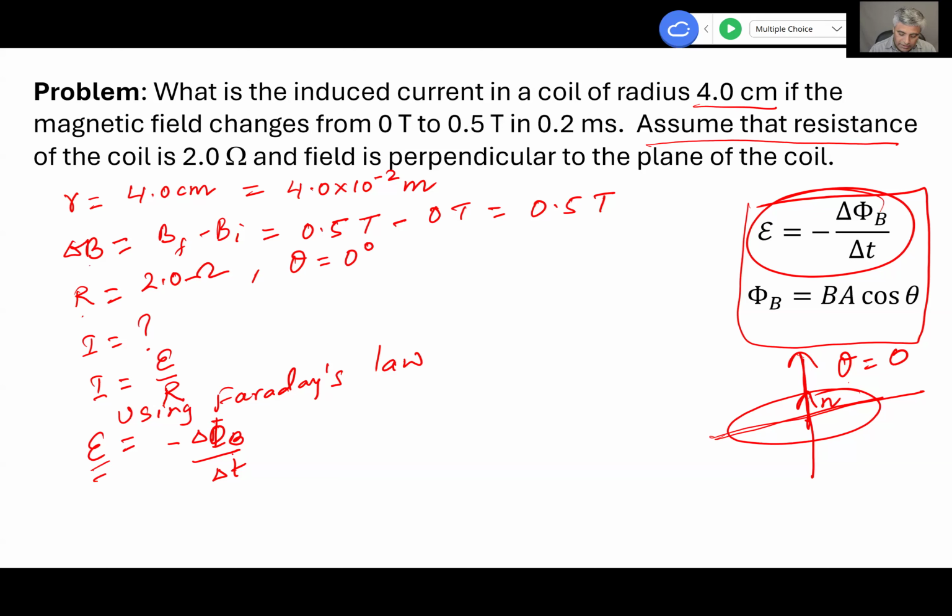So the value of this is going to be just this thing here: delta phi is B A cosine theta, over time.